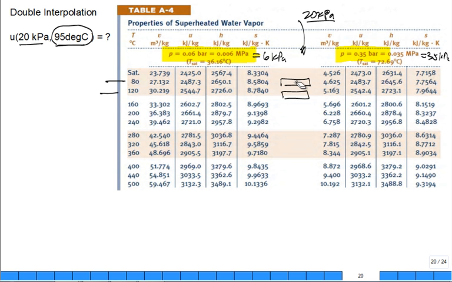I worked this out, and the two values for u are 2485.562 and 2543.59. Then I do the second interpolation between those two, going from 80 to 95 degrees C. So you do two interpolations, and the final answer is 2507.3 kilojoules per kilogram.